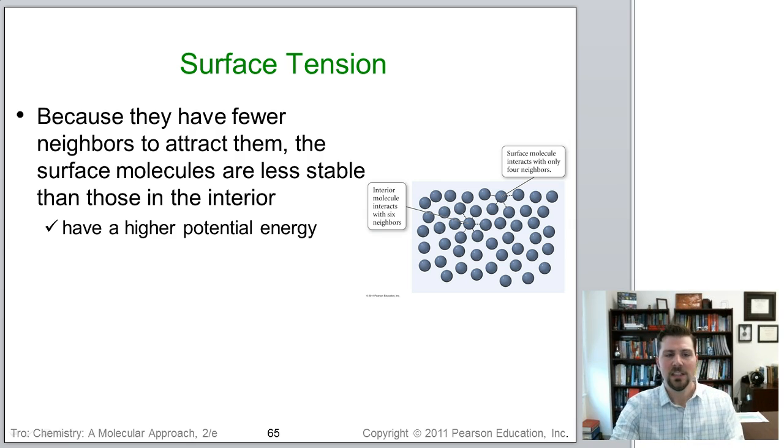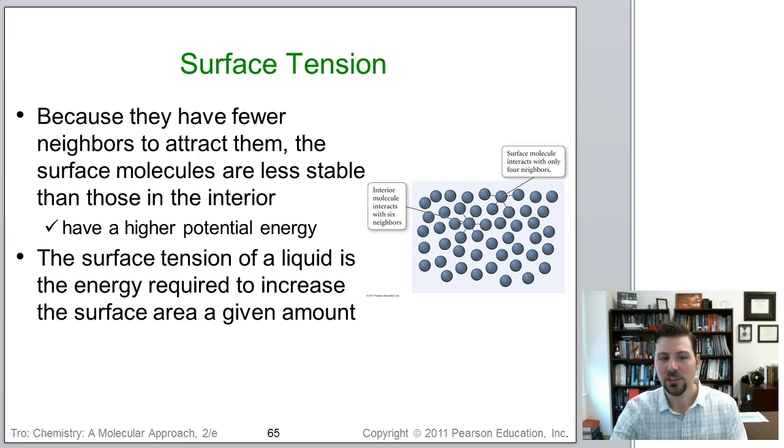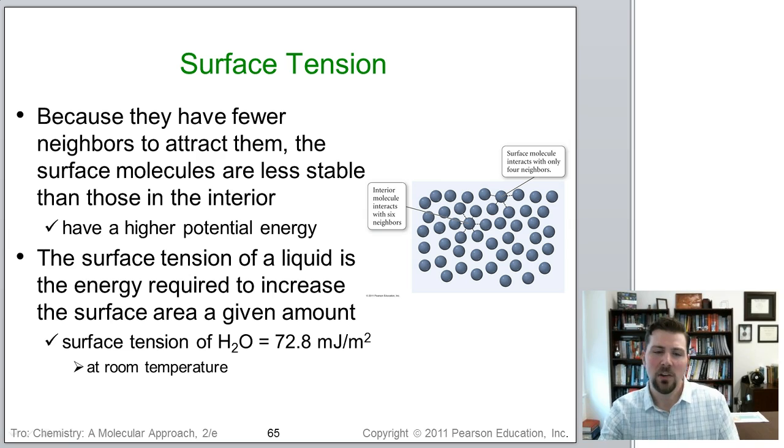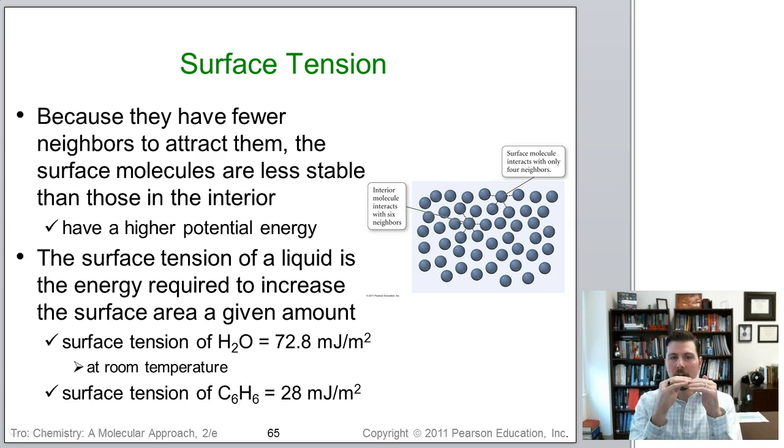Since there are fewer neighbors for that one on the surface to interact with, it's going to be less stable, and it's going to have a higher potential energy. That means the amount of energy required to break one on the surface away from the liquid itself is going to be smaller than it will be down in the liquid. And it's going to relate to the amount of intermolecular forces.